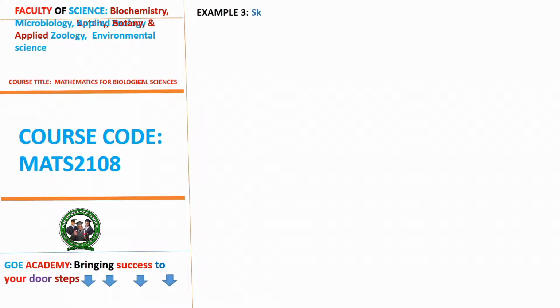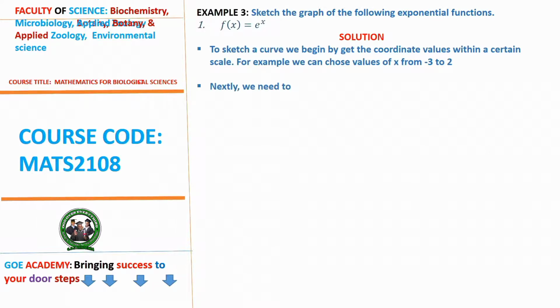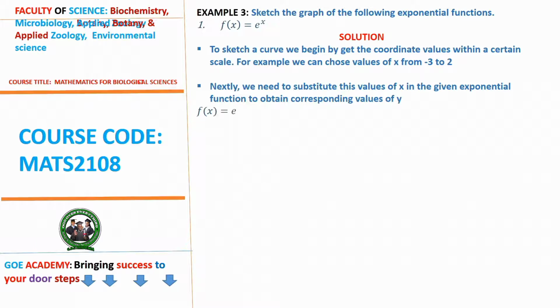We were asked to sketch the curve f of x equals e raised to the power x. It's simple. The first thing, as we know, is to always choose our coordinate values, the range of values of x, and then substitute and get the corresponding values of y. If we have x equals -3, for example, we end up with e raised to the power minus 3 if we substitute.